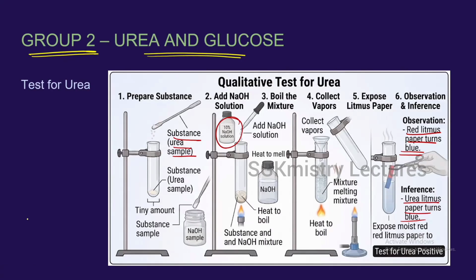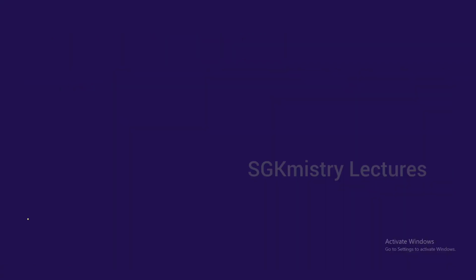So let us look into the equation for the same. We need to write the equation for this particular compound reacting with NaOH. So we have NH2CONH2 with NaOH, so we are going to add NaOH in the reaction. We get NH3 along with Na2CO3.